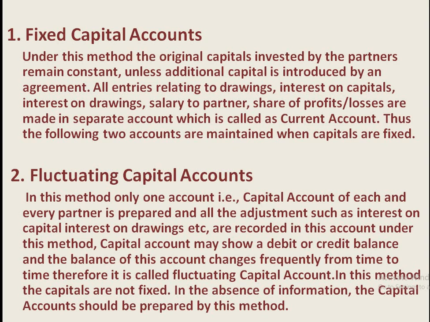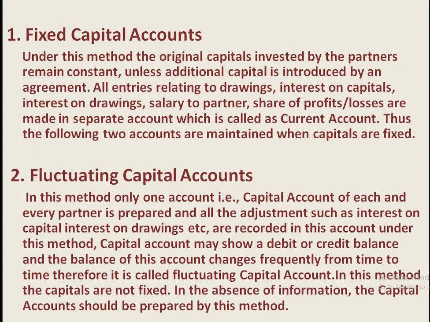So in the beginning of the year, whatever partner's capital is there, it is shown as credit in the capital account of the partner, and all those transactions which are between firm and partner are recorded in capital account. Let me tell you what is the difference between fixed and fluctuating capital account. In fixed capital account method, two accounts are maintained for each partner, capital and current account.